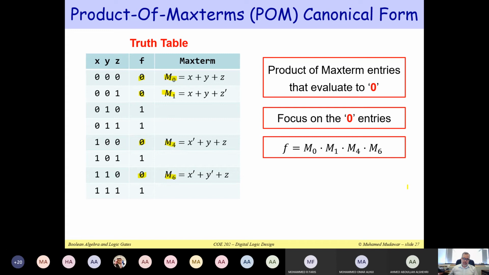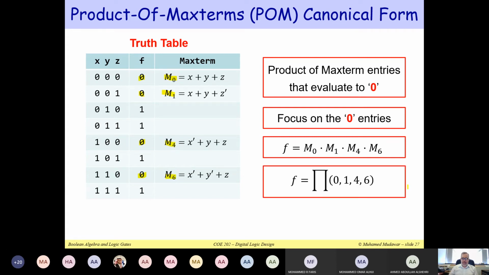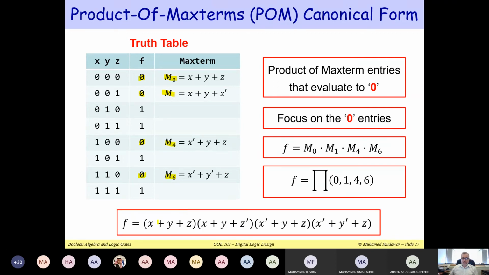We call it a product of max terms. I can write it in pi notation to indicate that these are max terms. So I use pi, and 0, 1, 4, 6 are the max terms, which are the zeros of the function. And I can write it algebraically. I write each max term between parentheses, and I AND these four max terms.